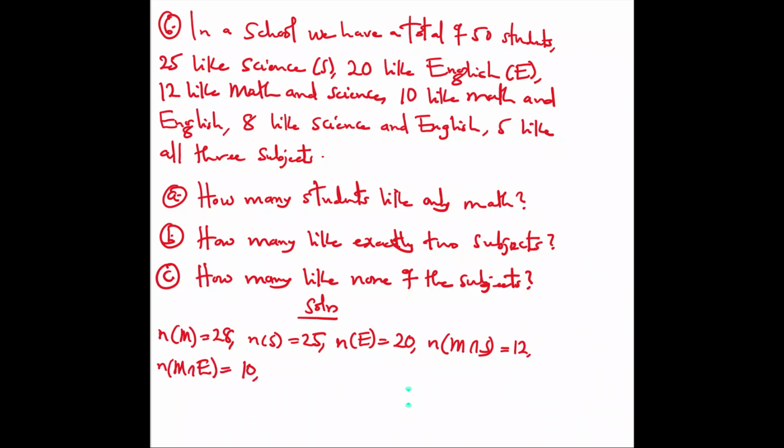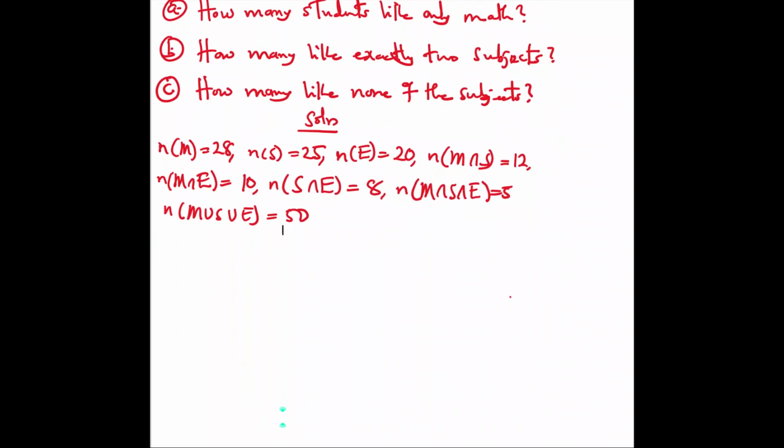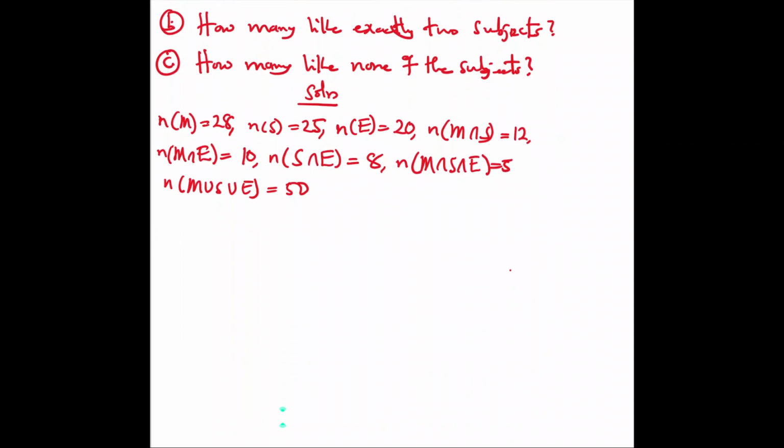Number of students who like maths and English is 10, and the number of students who like science and English is 8, and the number who like all 3 is 5. And the total number of students, M union S union E, is equal to 50.